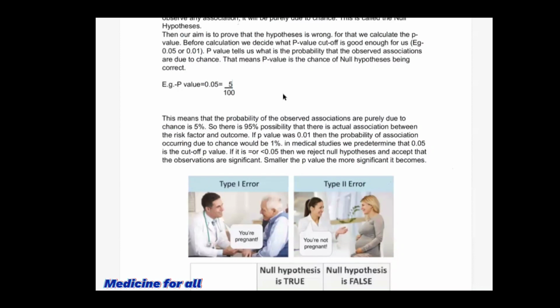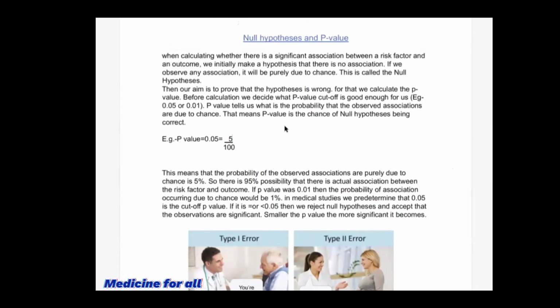It is not just random chance that you saw there is an association. That means there's a 95% possibility that there is an actual association between the risk factor and outcome. Is that clear now? Yes. So there is a 95% chance that there is actually a connection between the risk factor and outcome.